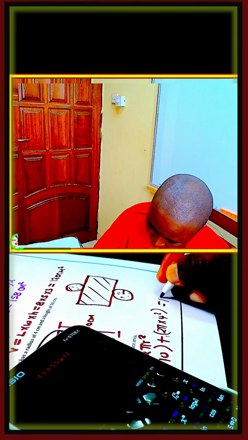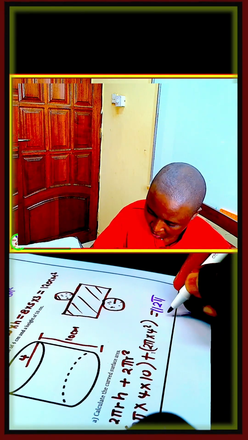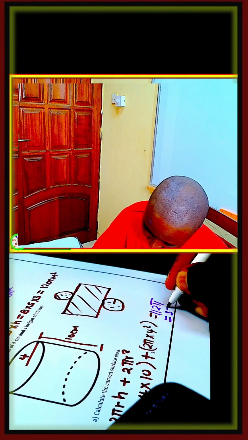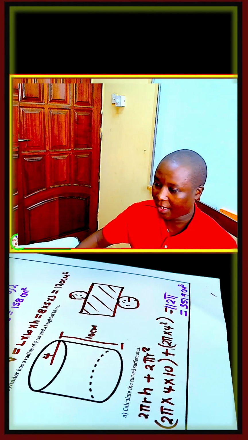So the answer here is 112 pi. And if we want to give our answer as a decimal, we can say the answer is equivalent to 351.9 centimeters square. Now this becomes the surface area of the cylinder.